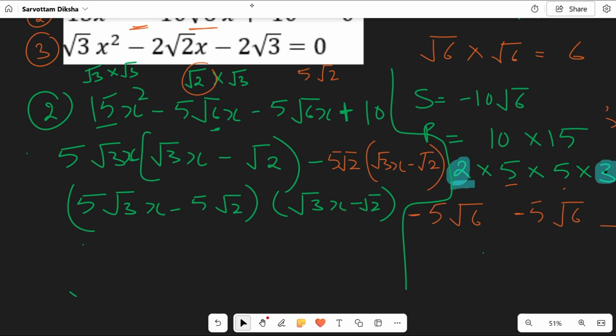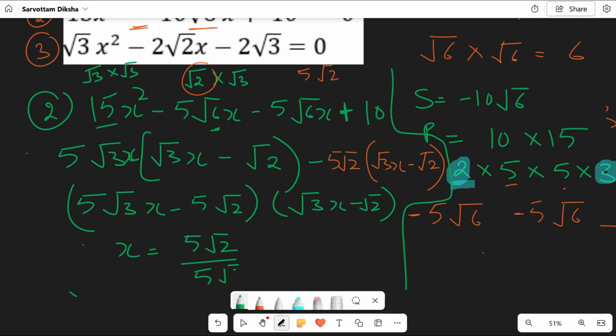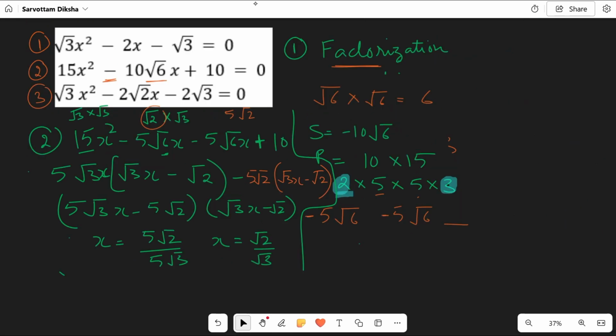So these are my factors, and after equating both of the factors to 0, I will get my roots. So I am seeing that the roots are the same here. This 5 can cut. Why can I cut 5? Because now I am realizing that A, B, C, all three have 5 common. I could have taken it out common also.